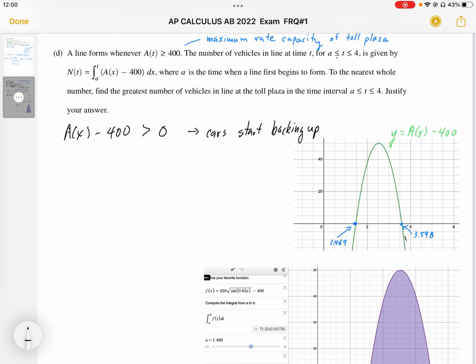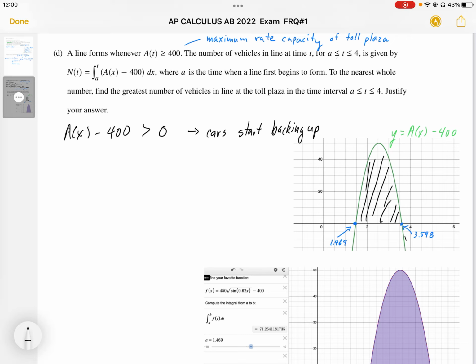If that's the case, then this area above the curve represents the total number of cars that we have backed up. And that would represent the maximum number of cars, because after that we're going to start getting rid of some of those cars that are backed up in line. So this area represents the maximum number of cars lined up at the toll plaza. We can justify this with A of x minus 400 being greater than 0.